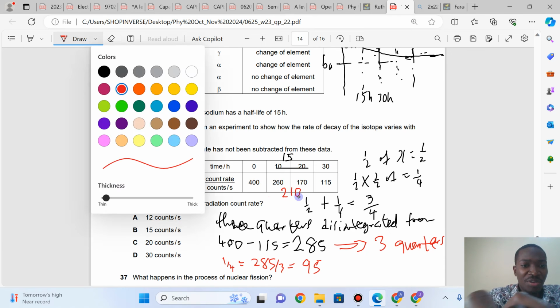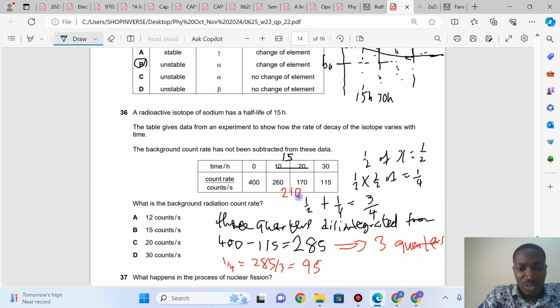Let me even use color green. So from 400, it lost 190. The remaining was 210. From 210, it lost half of 190, that is a quarter, so it lost 95, and you're left with 115. It will lose half of this 95 again, which is 47.5.